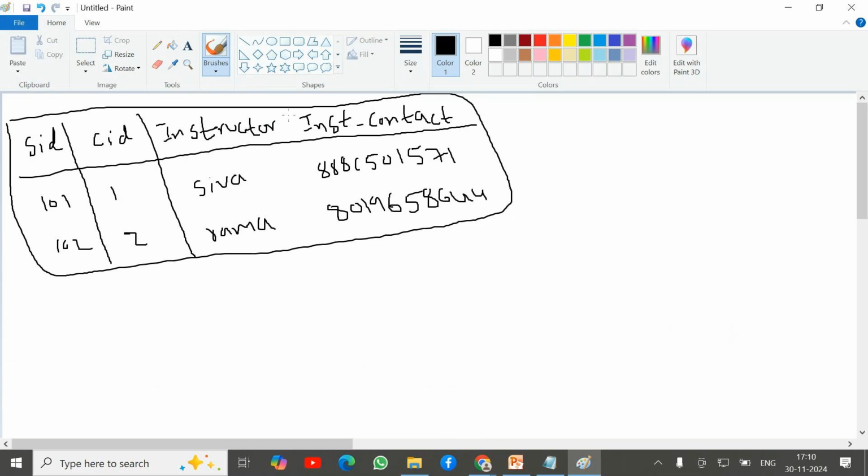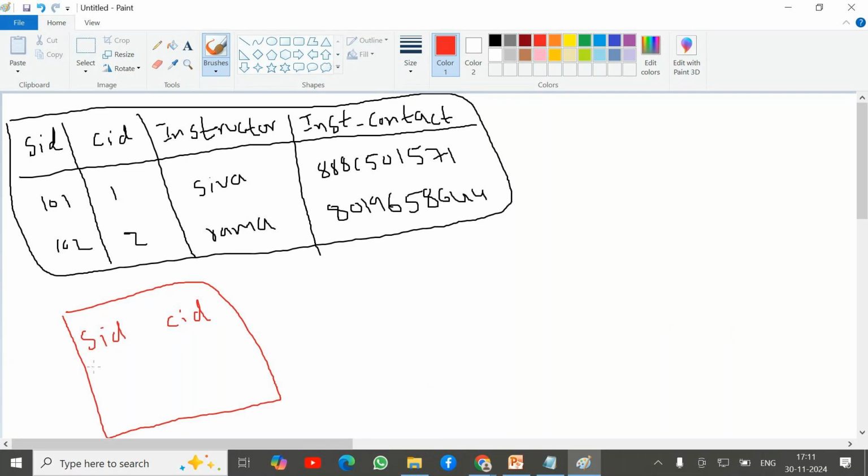Now I am applying the 2NF. We can divide this table into two subtables. Student course table: student ID, course ID. Student ID 101 and 102.